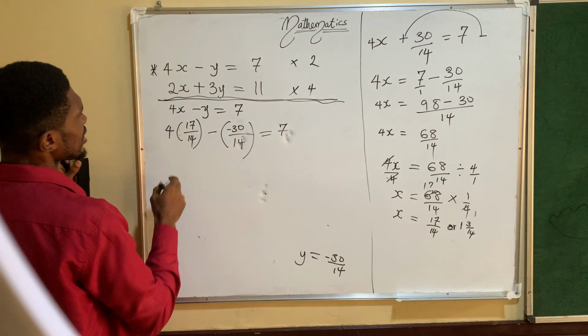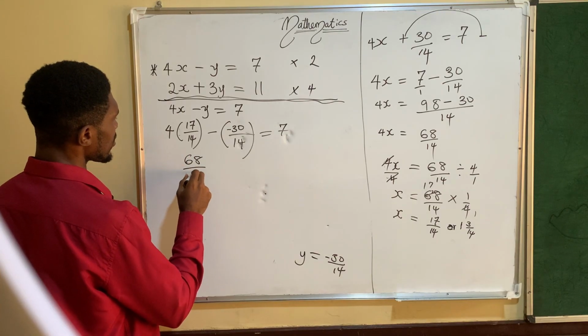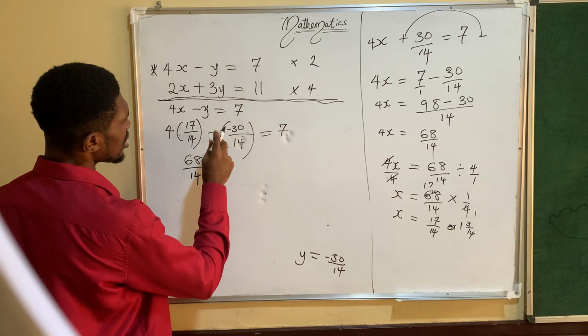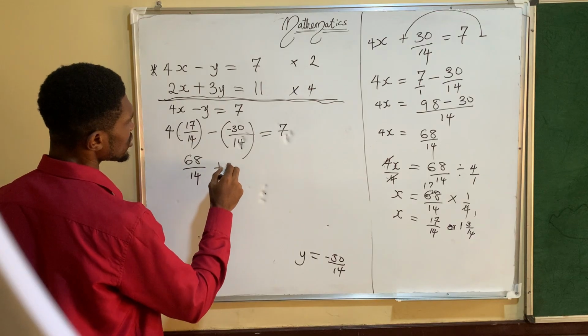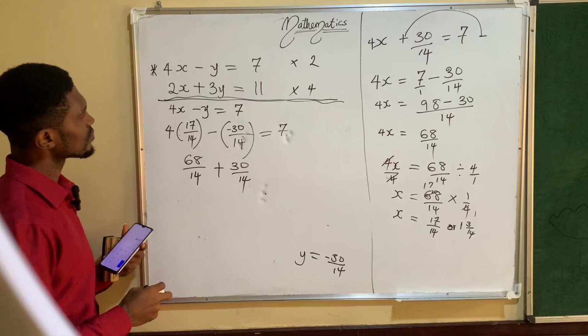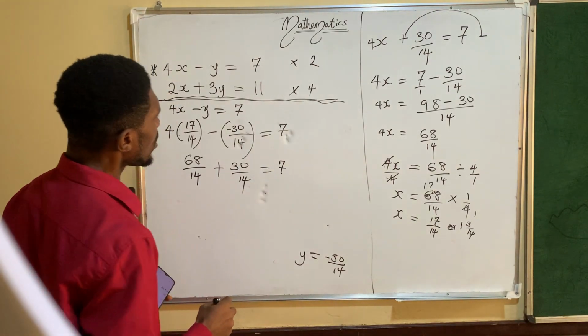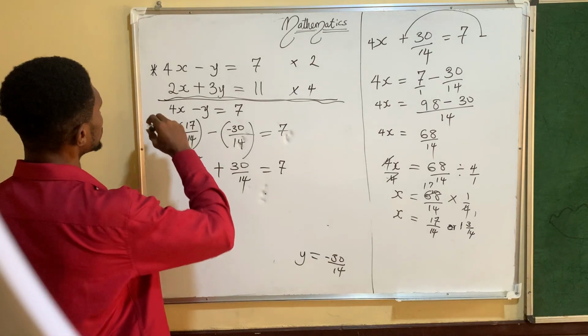So we have 4 times 17, 68 over 14. Minus times minus is plus, so we have plus 30 over 14, equal to 7. Now, remember we're still checking.